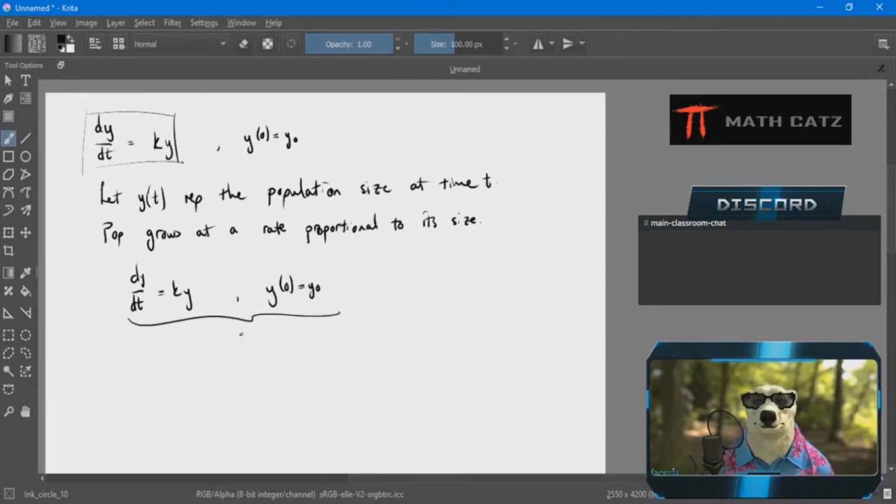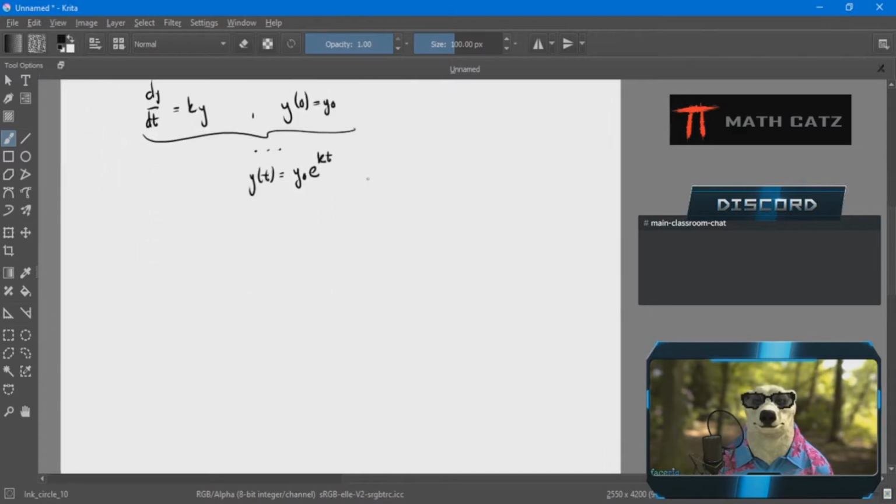This together, after a few steps, we get our exponential growth function, initial population size times e to the kt. So it's important to note here that k is positive. k is called the growth constant.